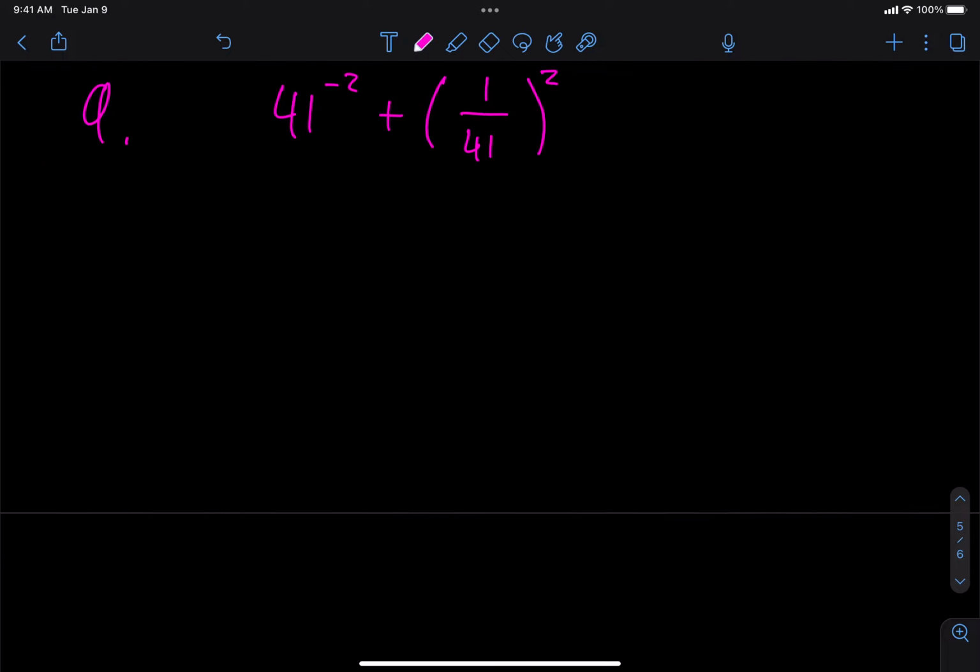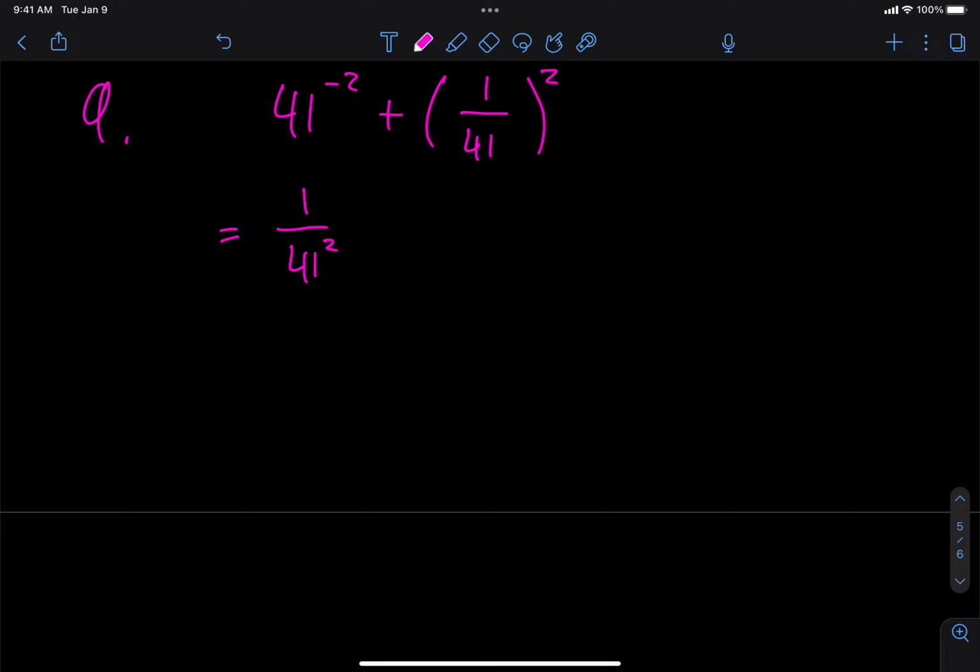How can I handle something like this? Well, let's start with the first part, 41 to the -2. Any simplification needed there? Yes, the negative power rule.